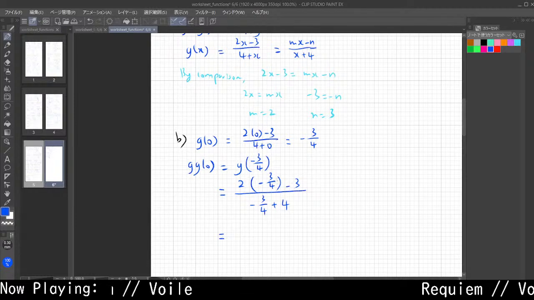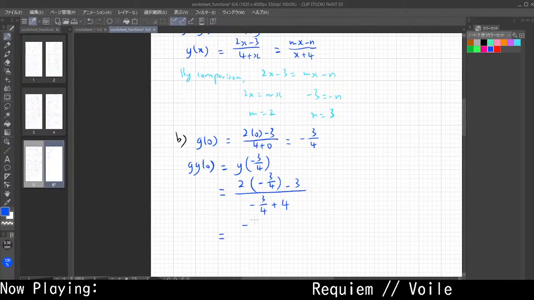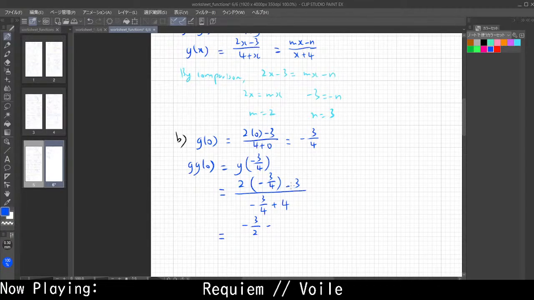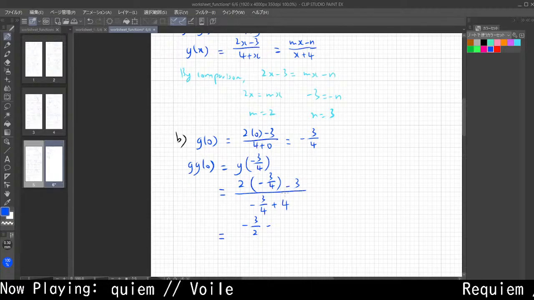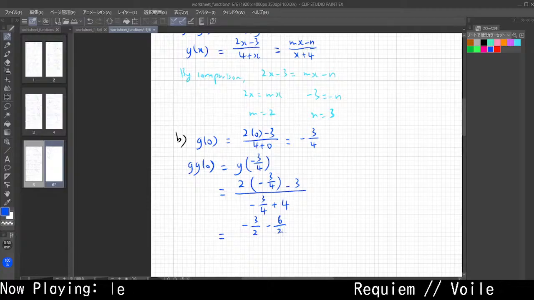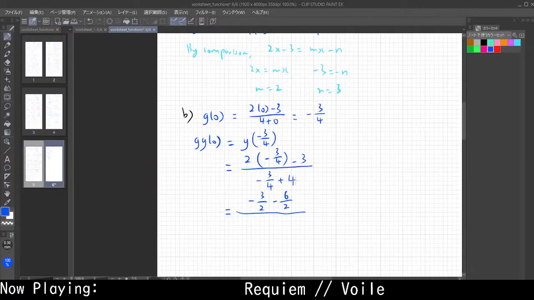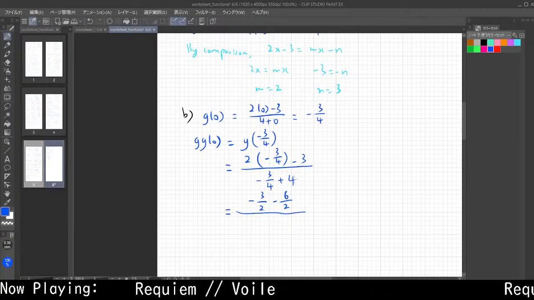Two times this, 2 you can cancel out with the 4 division. You get negative 3 over 2 minus this one. You can make it the same denominator, so we can combine it later because we want to get a number from this. So 3 is 6 over 2. Divide by this one. 4 times 4 is 16.